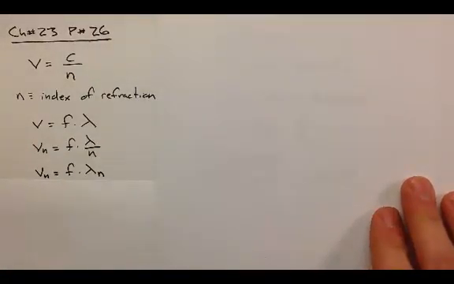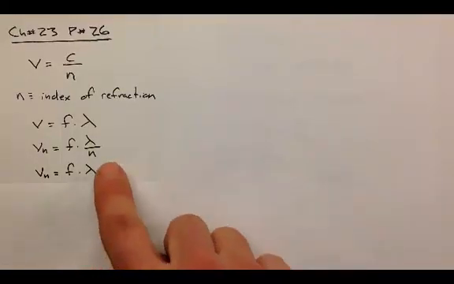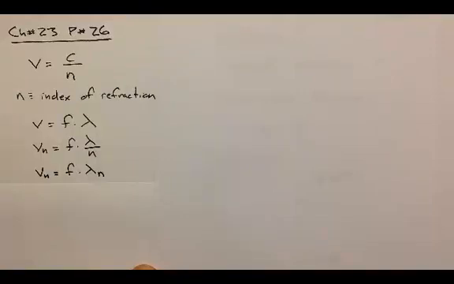Now, you may ask, why does it slow down? Well, as it turns out, when light slows down, its frequency still stays the same. So let's say you have a photon that has a frequency of 10 to the 14th hertz, or 10 to the 14 waves per second. Well, that frequency, or the number of waves hitting, say, a piece of glass, can't change.